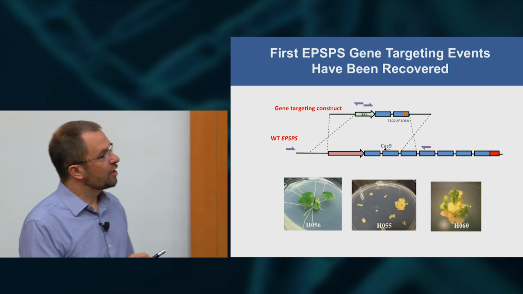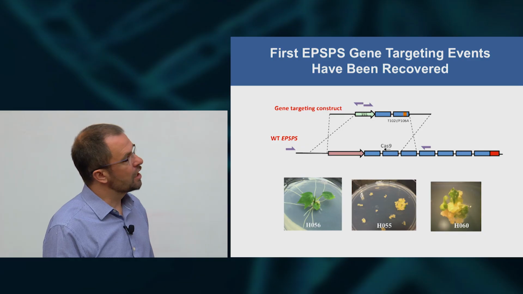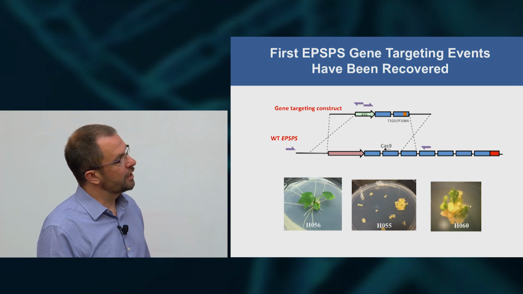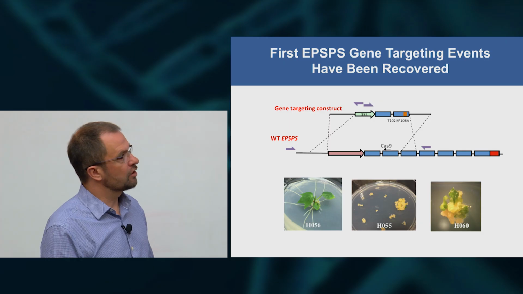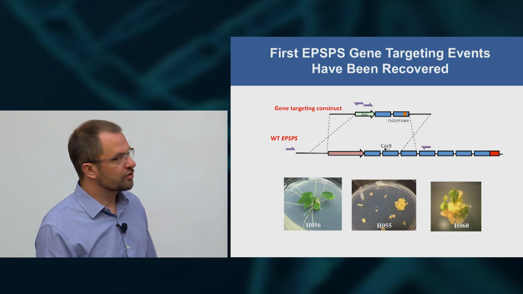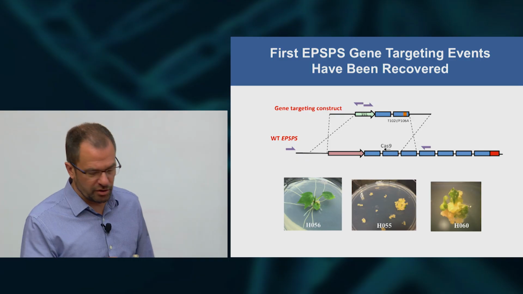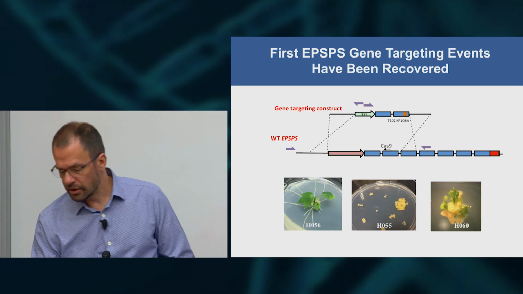Our plants still are not much bigger than this, but we're growing them up and multiplying them, propagating them to do greenhouse trials, and ultimately get them out into the field in much the same way that I described we did with our soybean and our potatoes.